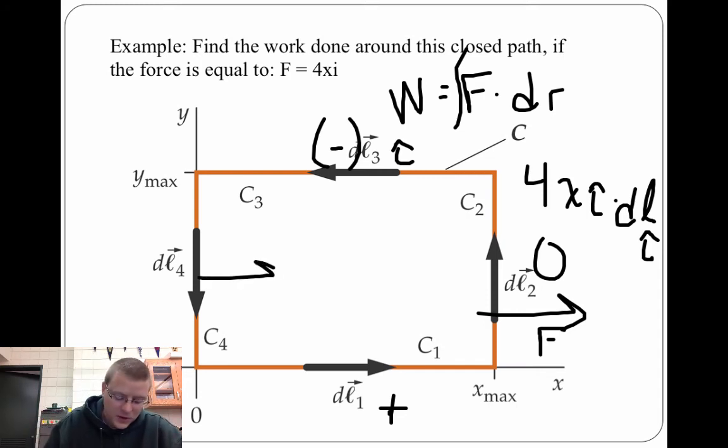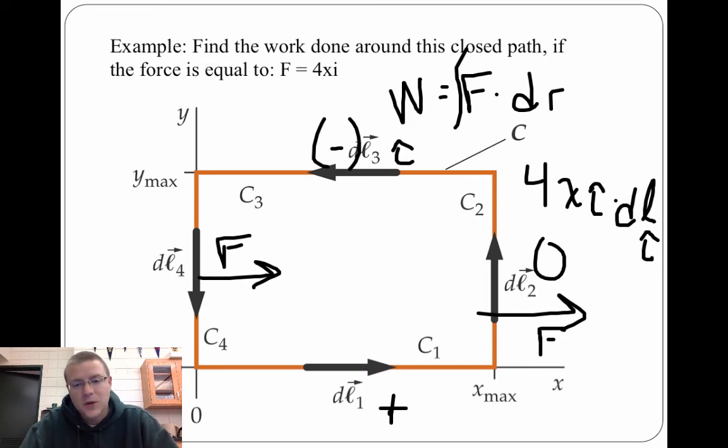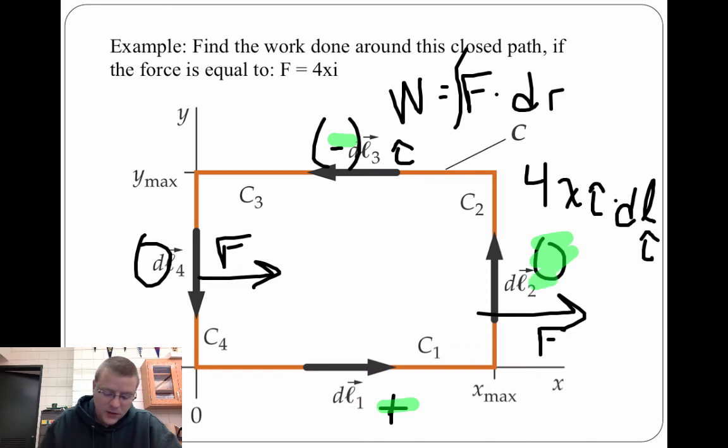And finally, for path 4, we see our force is still to the right and the object is moving downwards. Again, 90 degrees apart gives us no work done. So if you go around that path and you add up the positive work, the negative work, and the zero work done on each location, you can find out that the total work done here is 0.